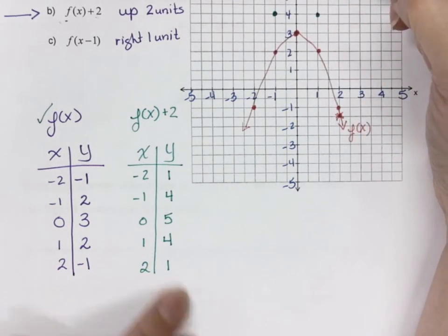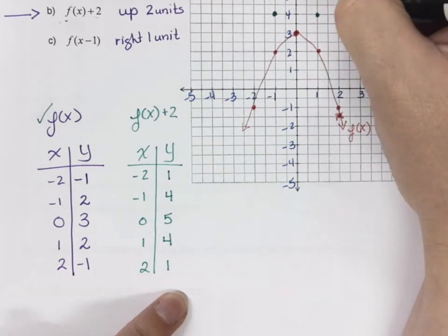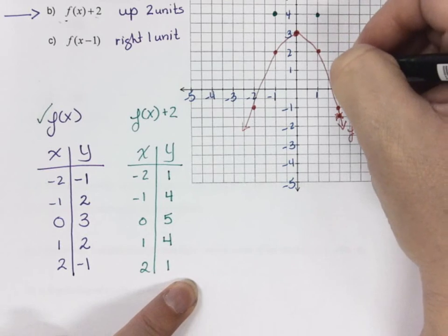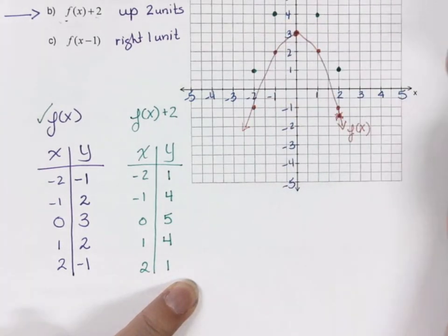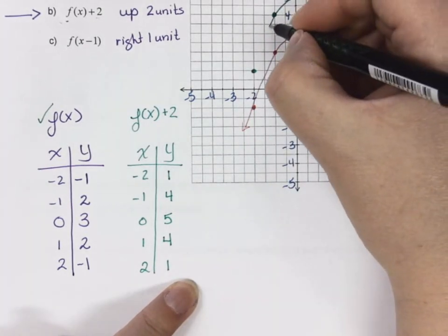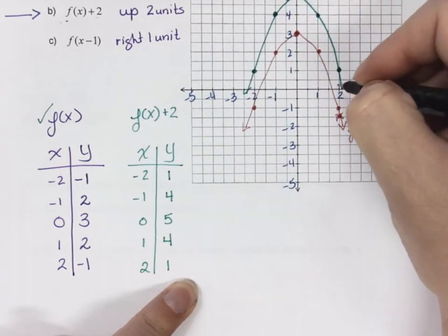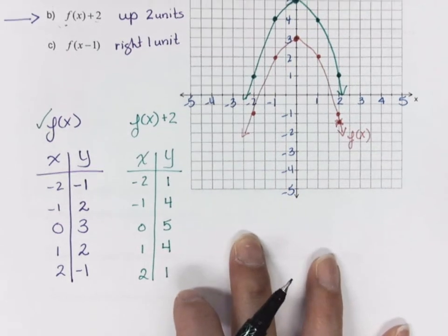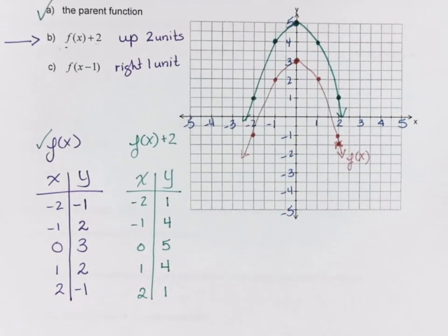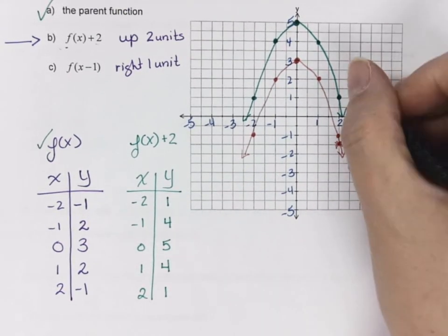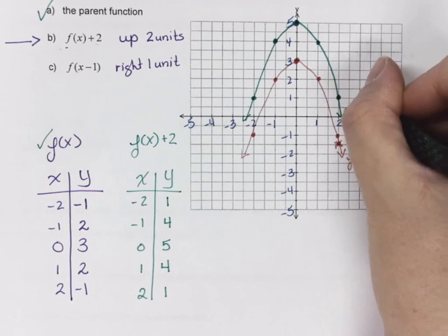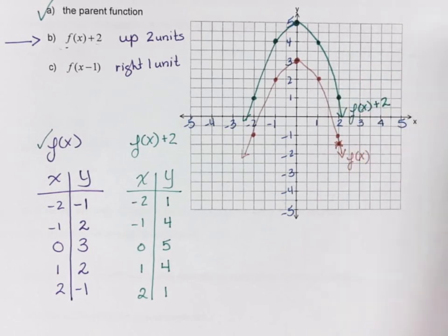I'm going to try not to screw up my graph this time. 2, and I'm all the way down at 1. And at -2, I'm at 1. Did the shape of my graph change? No, it did not. Did it move on the grid? Yes, it did. It moved 2 units up. And so I'm going to label this one f of x plus 2.